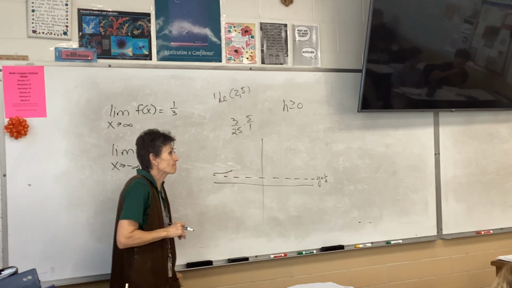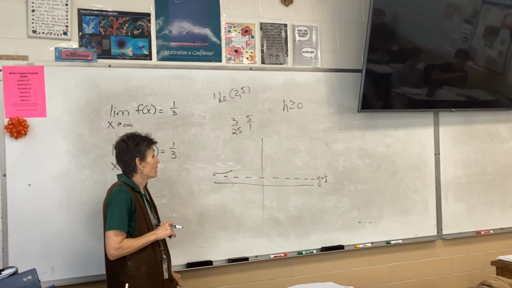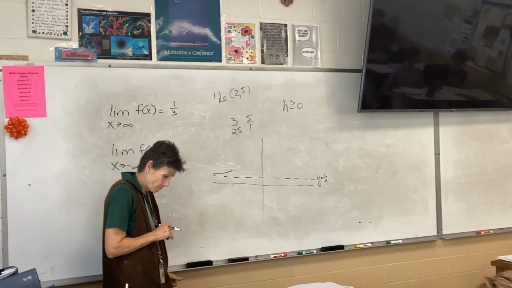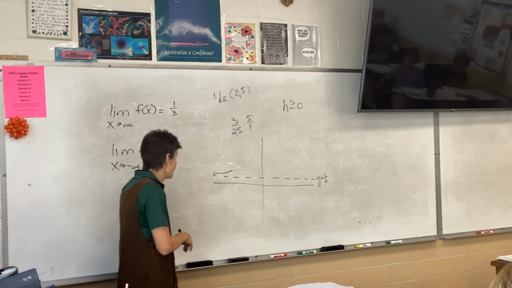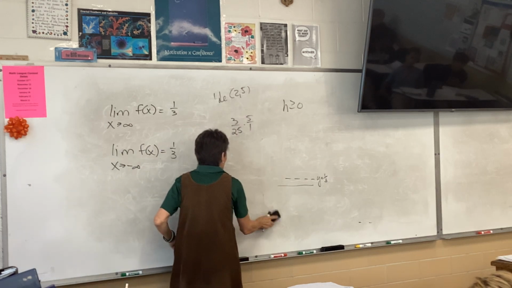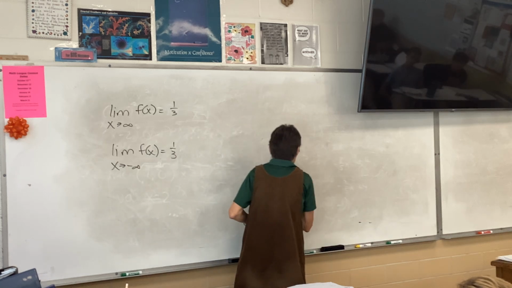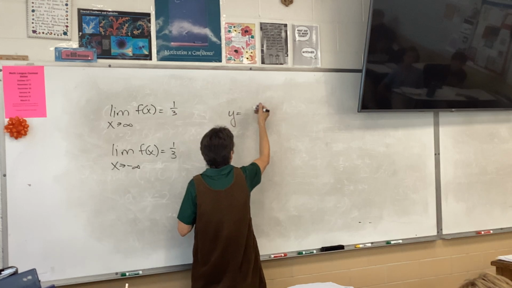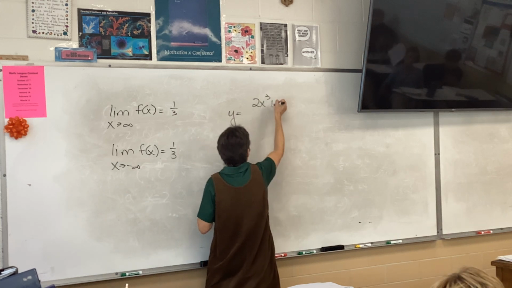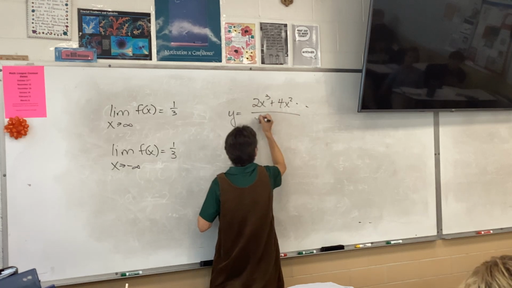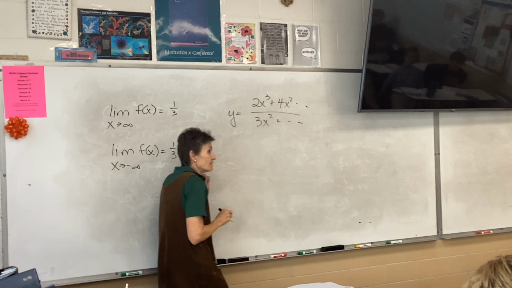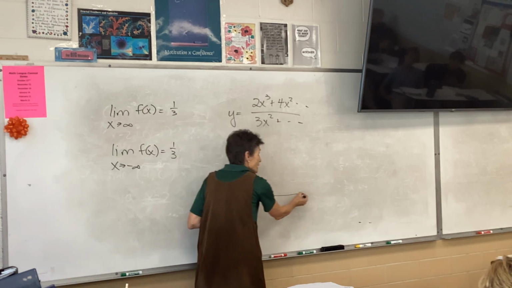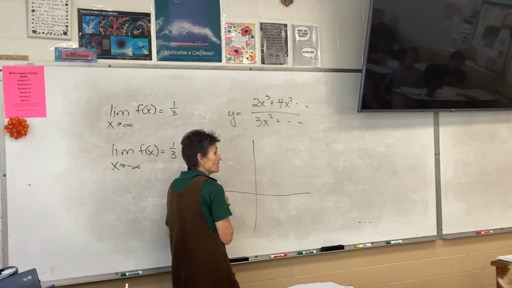Is it just if you have a horizontal asymptote, or is it like infinity as well? Yeah, it's always. So if we had, I don't see it on there, but if we had a problem where it wasn't a horizontal asymptote, let's say it was y equals 2x plus 4x squared over 3x squared, okay, so we had this. Then our end behavior asymptote, I don't know exactly what it would be, but I know it has a slope of 2/3.